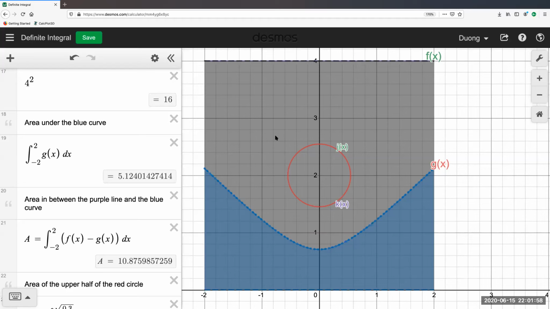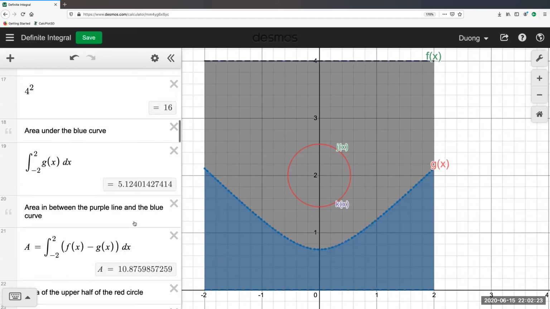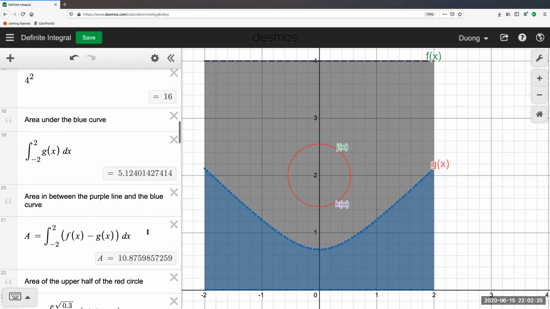The reason why I'm taking f of x minus g of x is that f of x on the interval from negative 2 to 2 is always greater than g of x. So in order to find the area in between these two curves, I need to take f of x minus g of x integrated from negative 2 to 2. I get 10.8759.